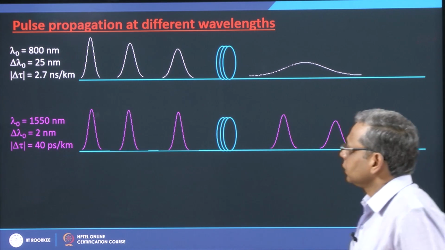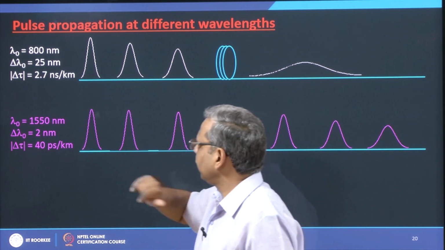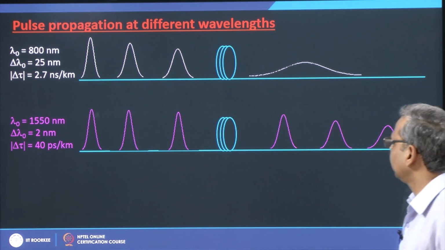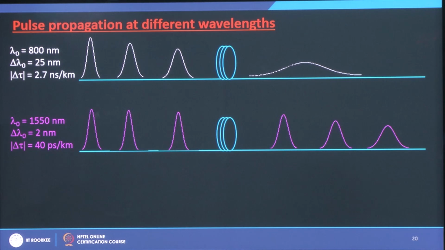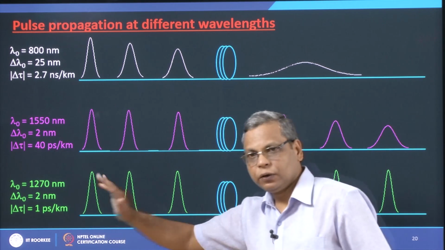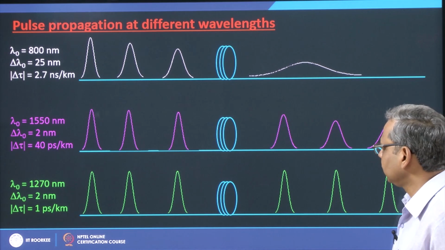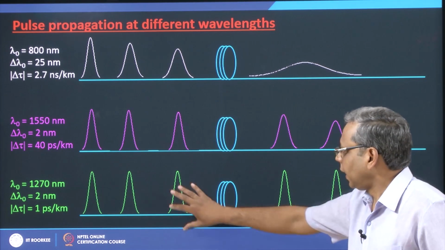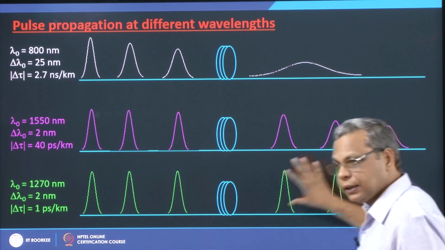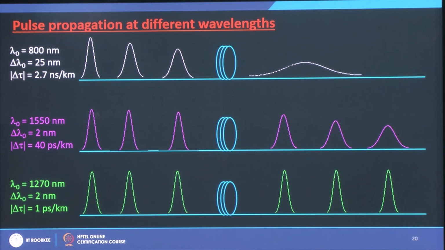When I use a laser diode at 1550 nanometer wavelength, which gives me a broadening of 40 picoseconds per kilometer, it also broadens the pulse, but the broadening is not that much. But if I use a 1270 nanometer laser diode, then the broadening is very small, around 1 picosecond per kilometer length of the fiber, and at this wavelength the pulses retain their shape over very long distances.